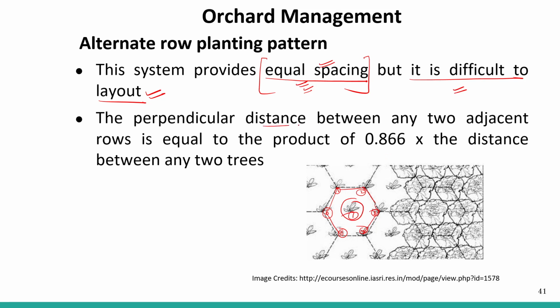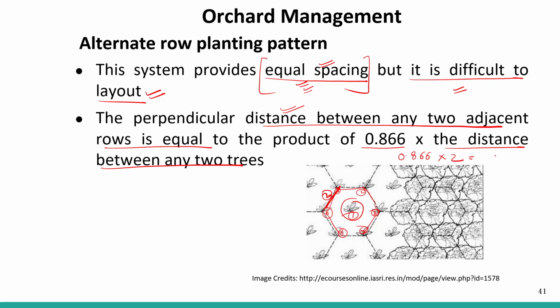The perpendicular distance between any two adjacent rows is equal to the product of 0.866 and the distance between any two trees. So this is the distance. Suppose it is 2 meters, then you can multiply 0.866 with 2, and that will be the perpendicular distance between any two adjacent rows.